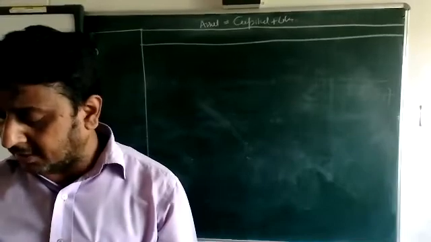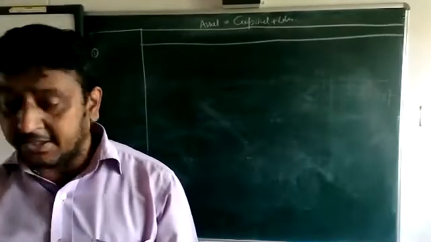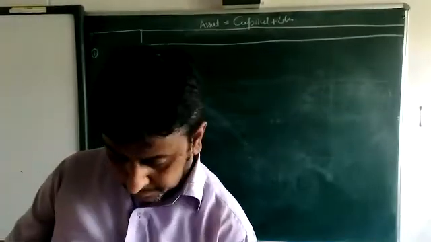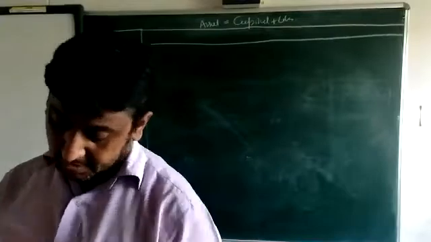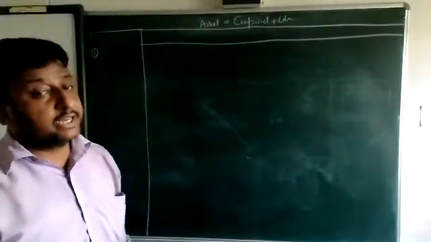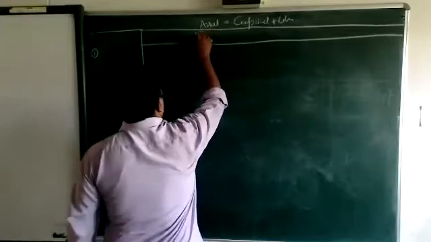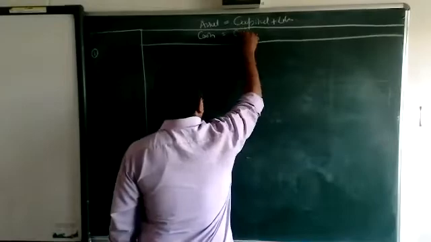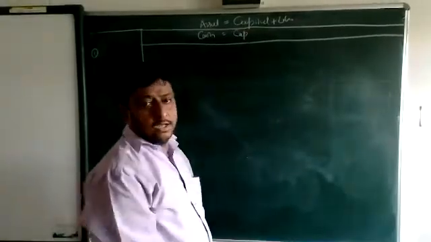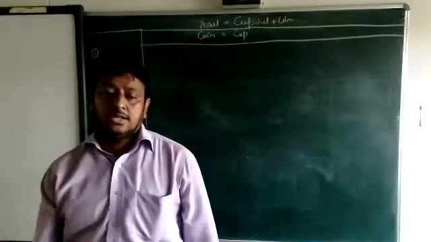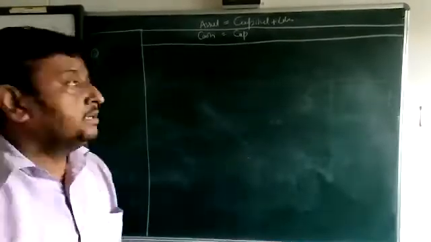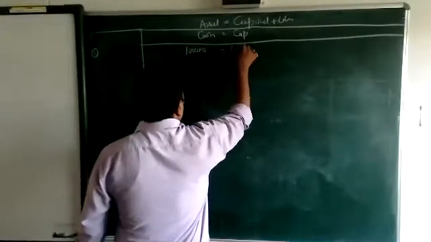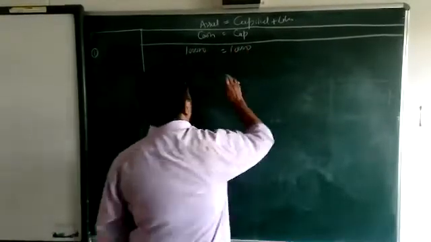Take question number 1 of the equation. Business starts with cash of rupees 1 lakh. It means we have the cash data. So write down here cash and here capital, because we start with cash and capital, and both amounts are 1 lakh is equal to 1 lakh.